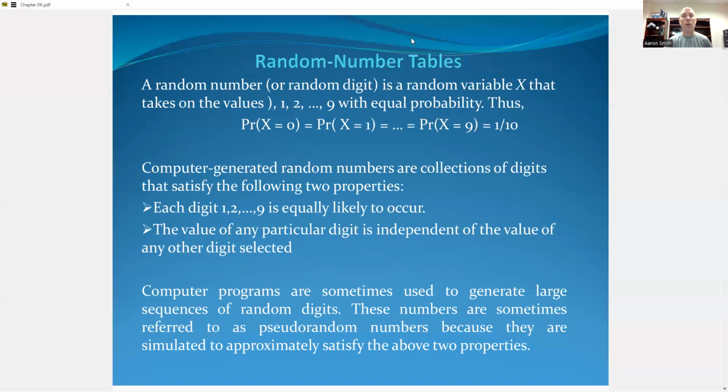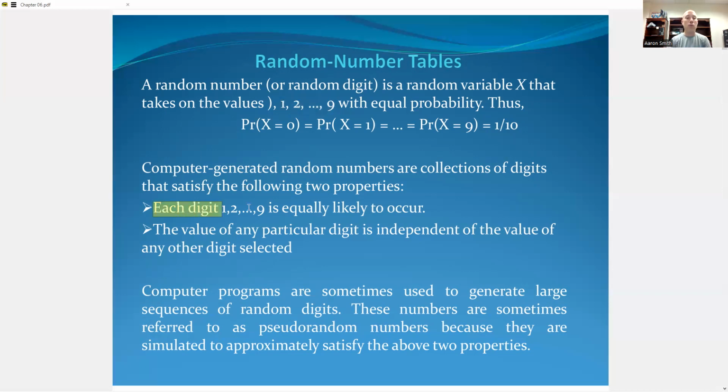All right, now random number tables. A random number, or a random digit, is a random variable x that takes on the values 0 through 9, or here they're saying 1 through 9, with equal probability. Thus, the probability of 0, probability of 1, probability of 9, and so on, are all 1 over 10. Computer-generated random numbers are collections of digits that satisfy the following two properties.